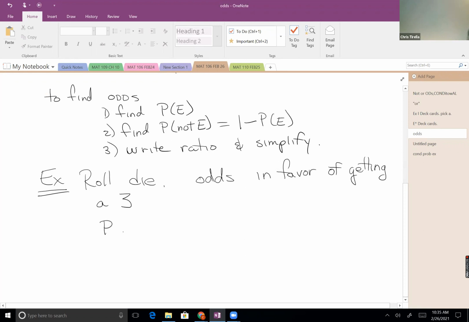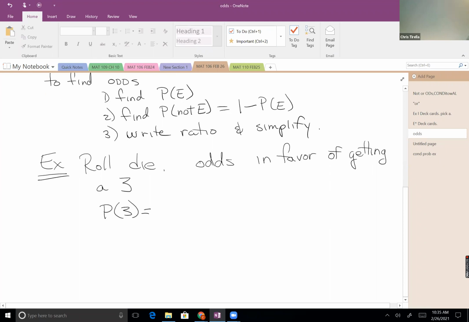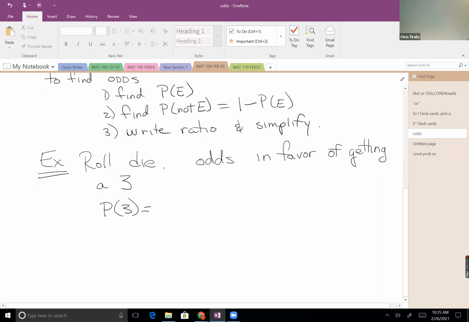So on a die, what's the probability of getting the number 3? 1 out of 6. Beautiful, I love it. So what's the probability of not getting a 3? Well, that would be 1 minus 1/6, which would be 5/6.